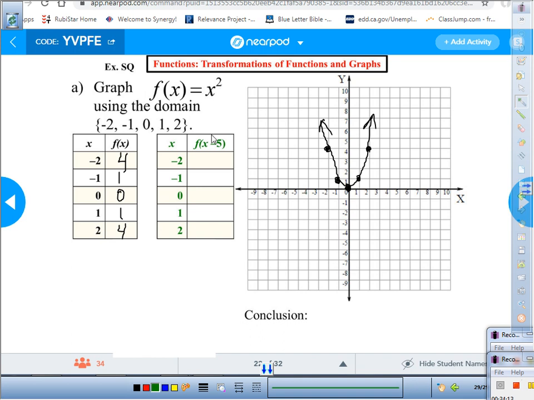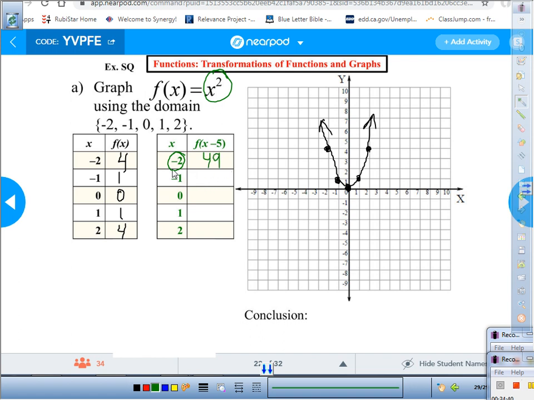But this one, instead of substituting the -2 by itself, now it's -2 minus 5. So what is -2 minus 5? -7. And what is the rule? Square it. What is -7 squared? 49.